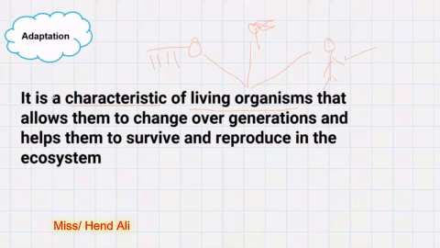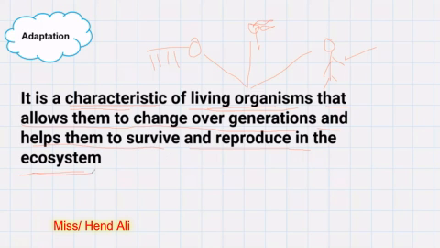So adaptation is a characteristic of a living organism that allows it to change over generations and helps it to survive and reproduce in the ecosystem. So adaptation helps the living organism to have a better and easier life.